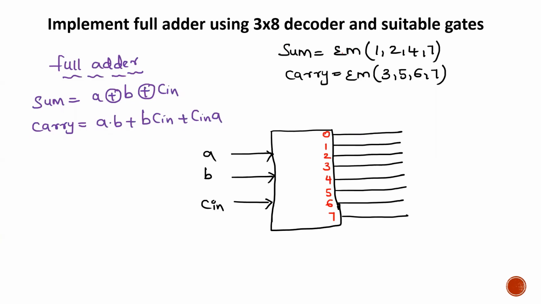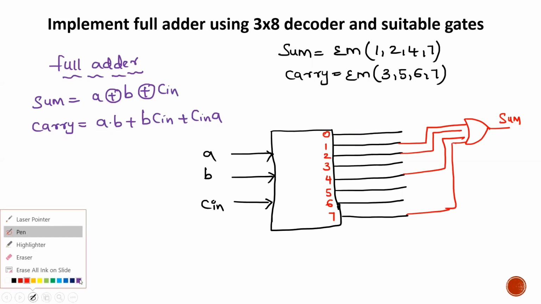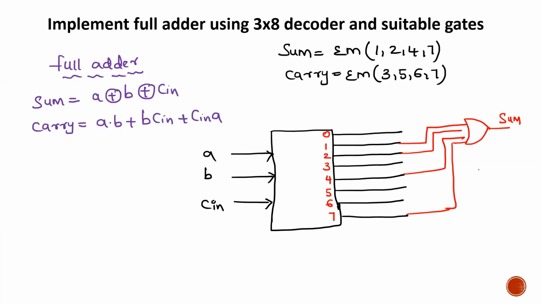Now for sum we are getting minterms as 1, 2, 4, 7. So take one OR gate and output of this OR gate is sum, whereas inputs are 1, 2, 4, 7. This is how we need to connect. Next, for carry, take one more OR gate.